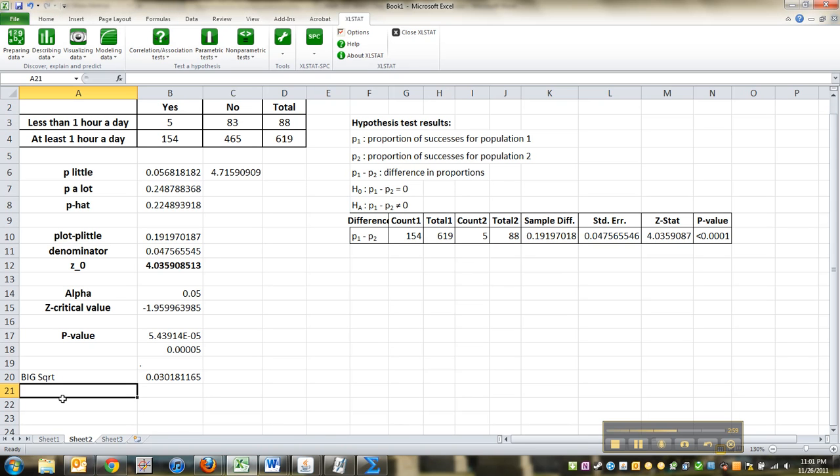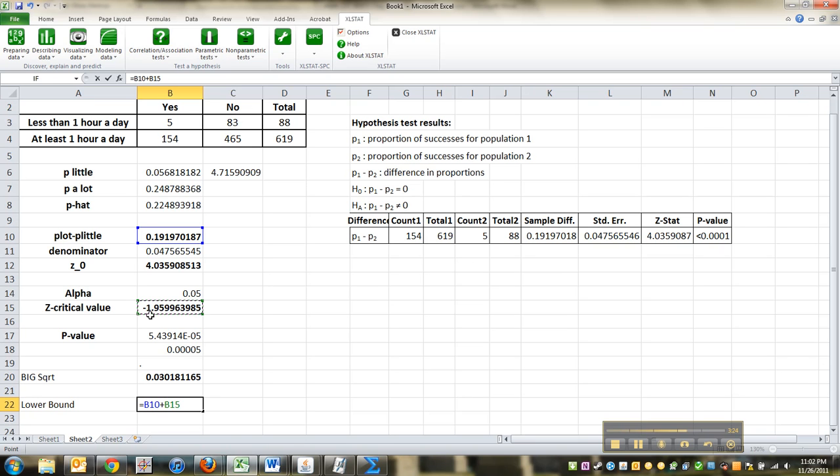All right, so then, while I'm on the subject, did I ever find the differences? Oh, yes, I did. It's right there. So I'm using this right here, and this right here, and this right here to make this confidence interval. So I'm going to have a lower bound, which would be equal to that difference, p a lot minus p a little, minus, plus, excuse me, 1.96.